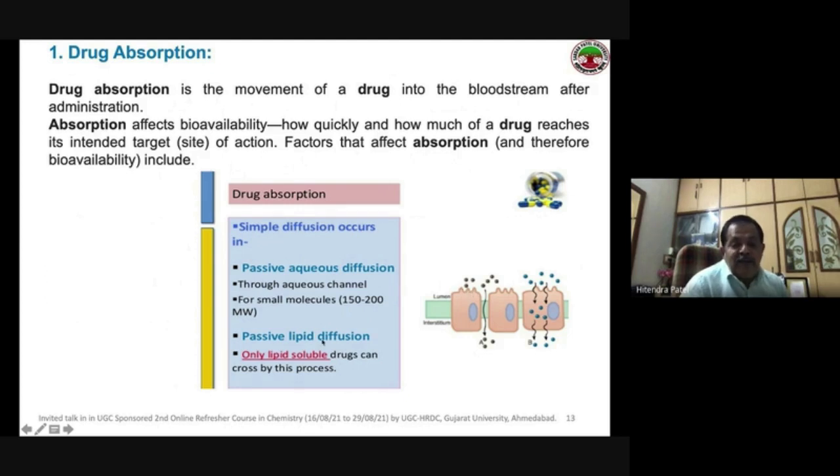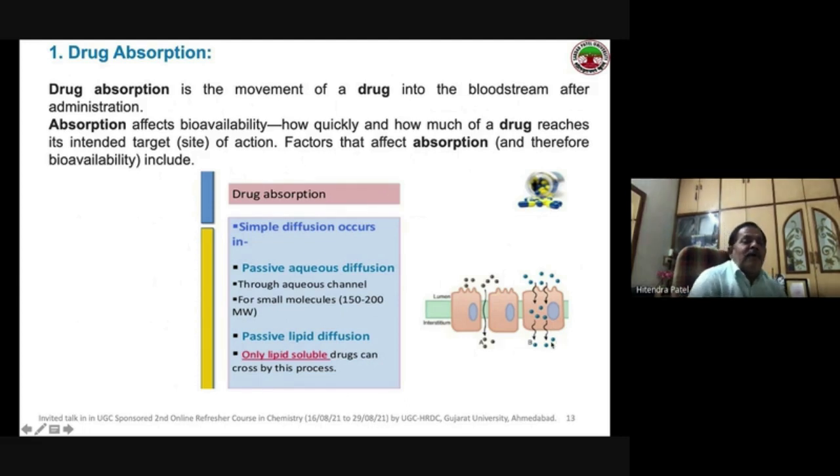Passive lipid diffusion is different from passive aqueous diffusion. When we talk about passive lipid diffusion, only lipid soluble drugs can cross by this process. You can see the drug molecules with the particle size, and from the lumen they pass to the other compartment in this way.